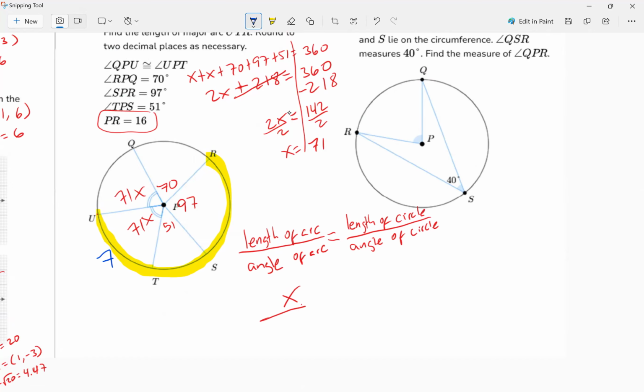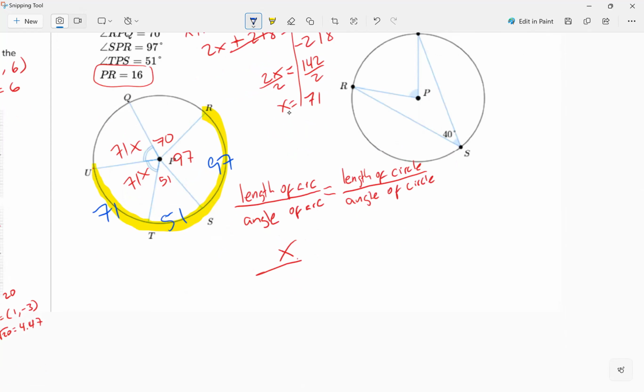This is 71, this is 51, and this is 97. So 71 plus 51 plus 97. Well, that's 219, right? Let me see, 71 plus 51 plus 97. Yeah, it's 219. So the length of the arc divided by the angle of the arc.